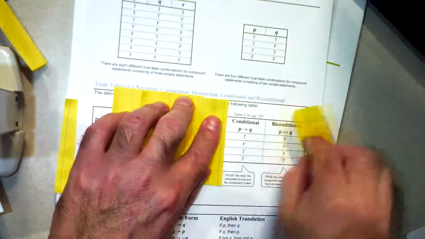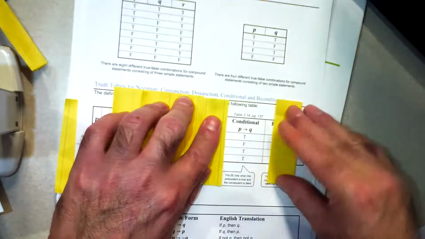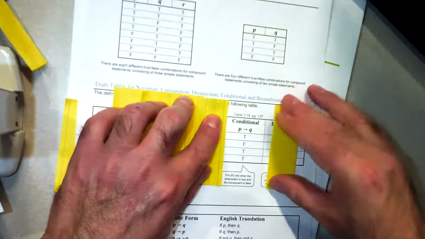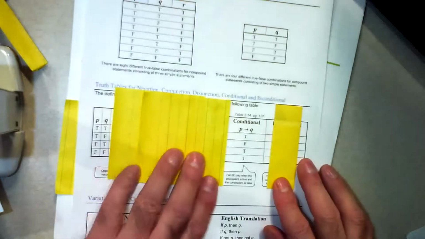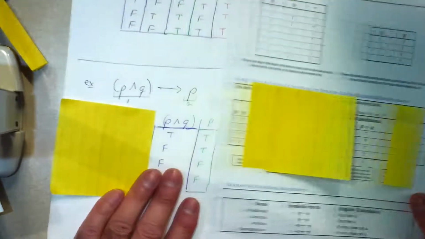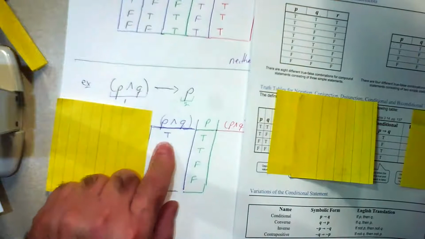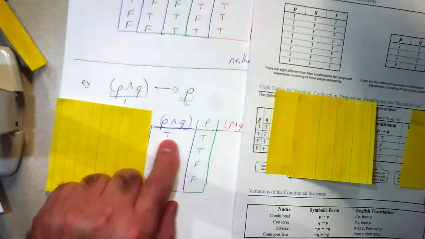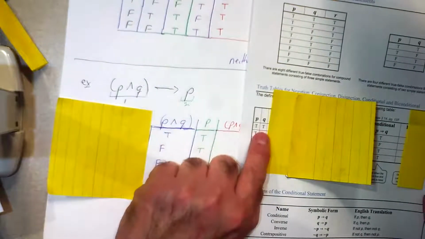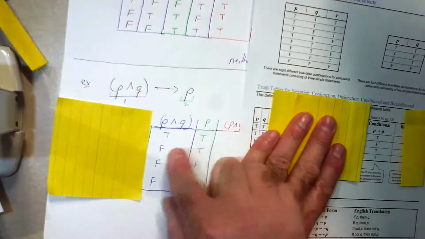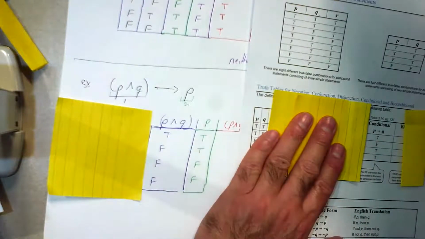There it is. All right. So now I'm going to have to match the blue-green rows with these results and get the answer. Here's my answers right here. I need to transfer those answers, but I need to make sure which row goes with what. All right, so here we go.